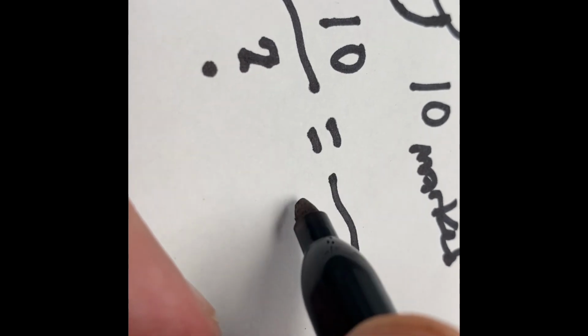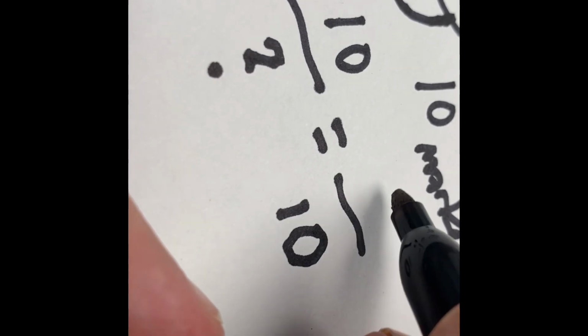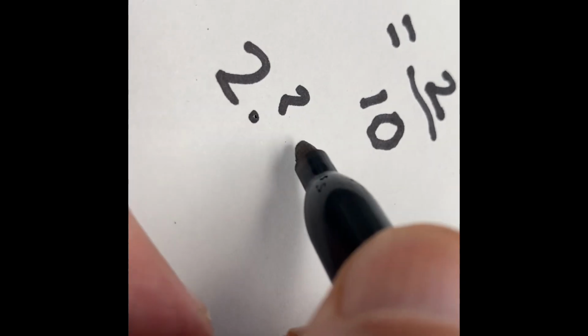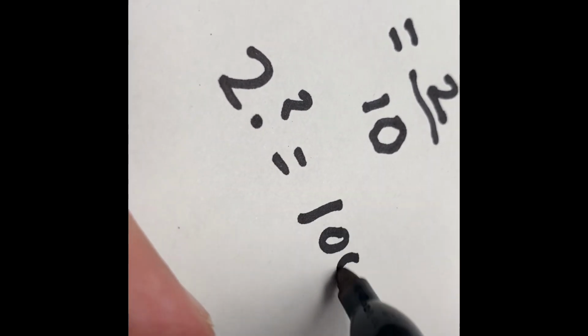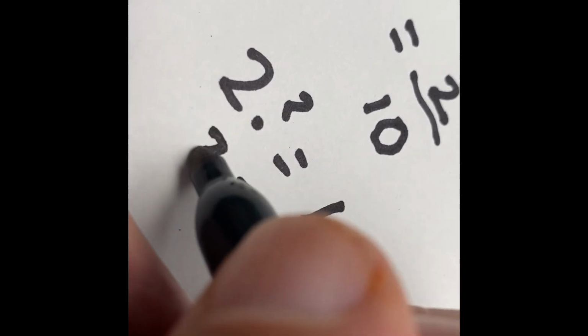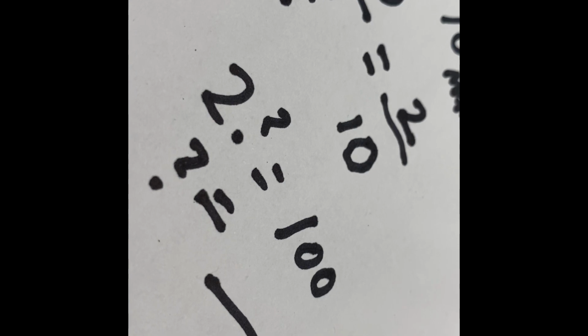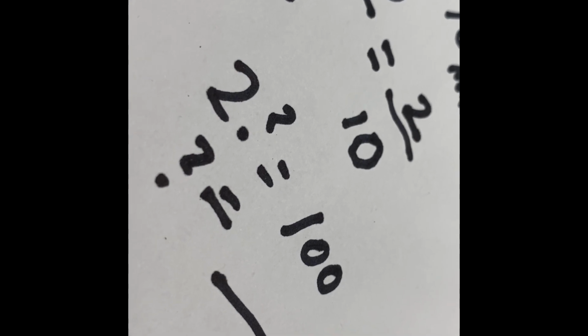You come back the next day and you catch 10 more chipmunks. 2 of them have been marked. Let's see, 2 times what equals 100? You tell me, how many chipmunks would there be? Right, there'd be 50 chipmunks. That would be your population.